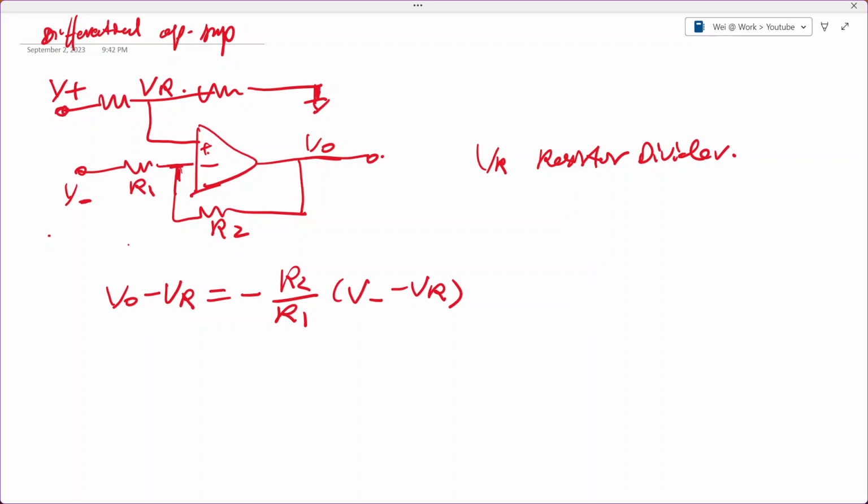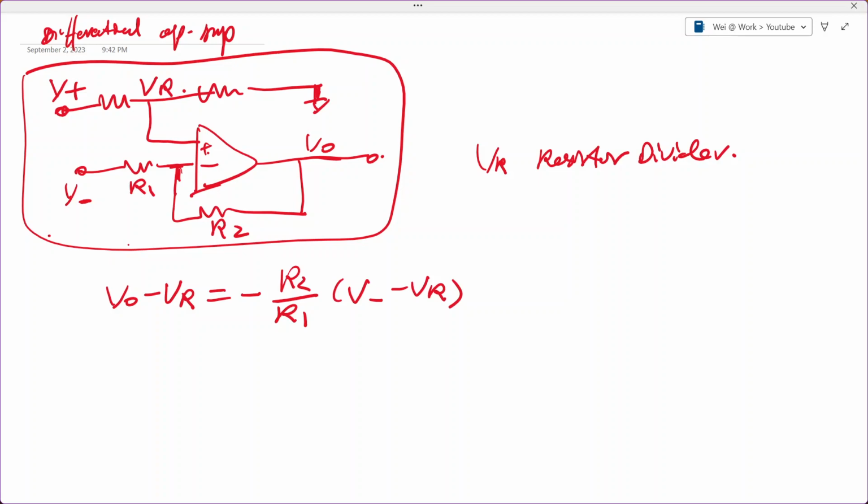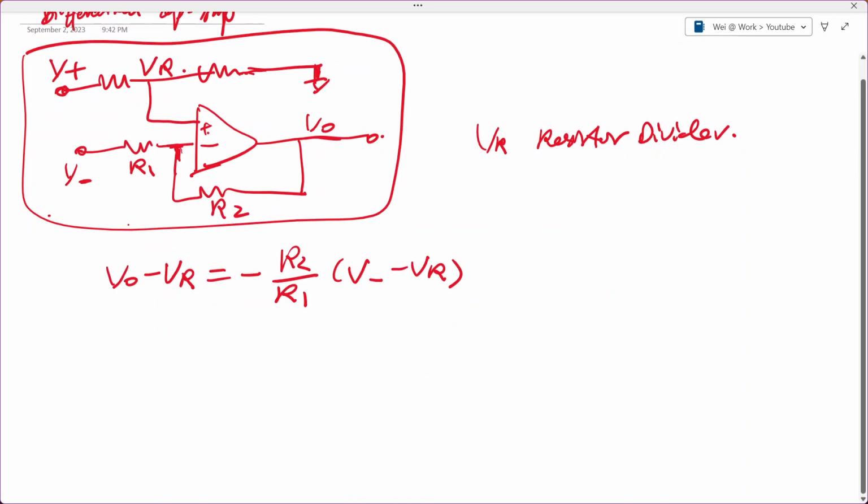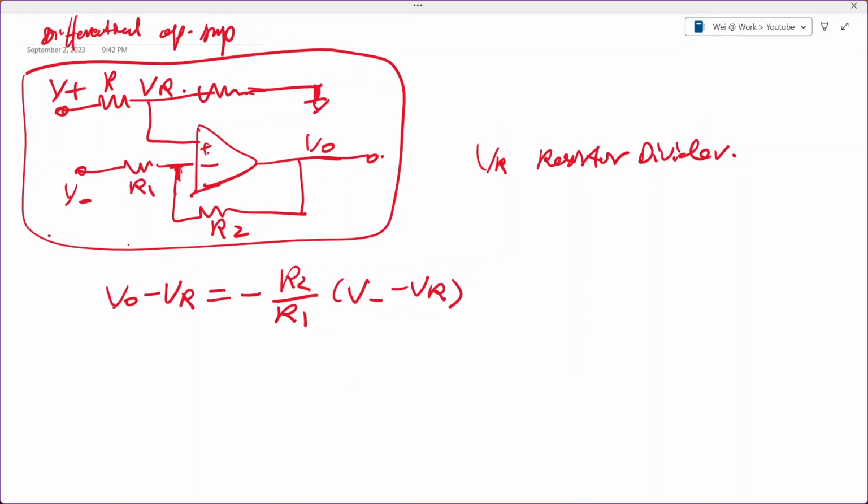Look at this configuration now. You can see four resistors with the op-amp. This is a very typical, very popular configuration. It's a differential op-amp input. So what does the transfer function look like now? If we have two resistors here, R3 and R4, then what is VR?